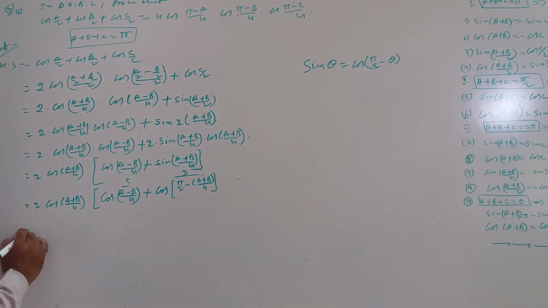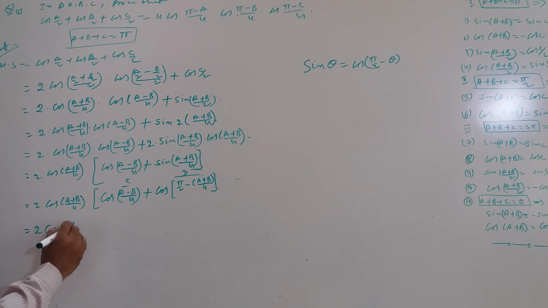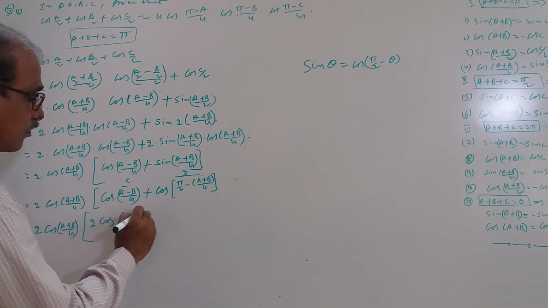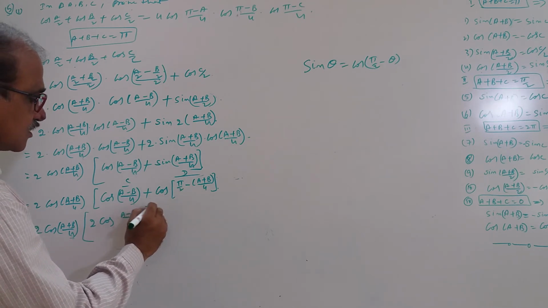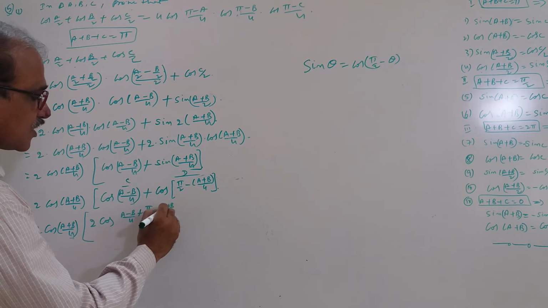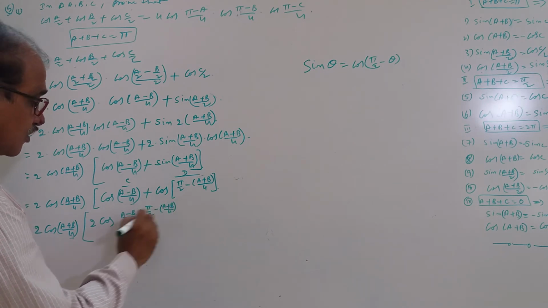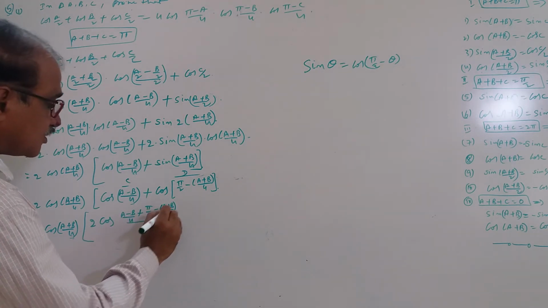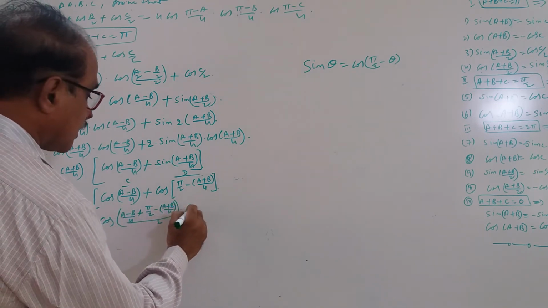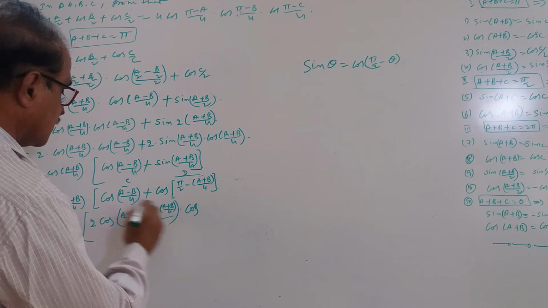By using that, 2 cos (A plus B) by 4 into 2 cos of C, that means (A minus B) by 4 plus D, that means pi by 2 minus of (A plus B) by 4, whole divided by 2, into cos of (C minus D) by 2.